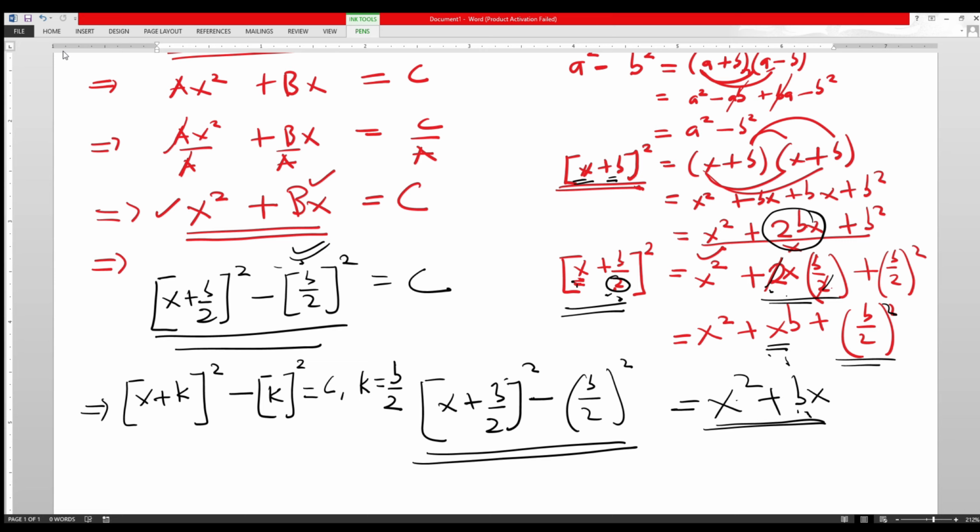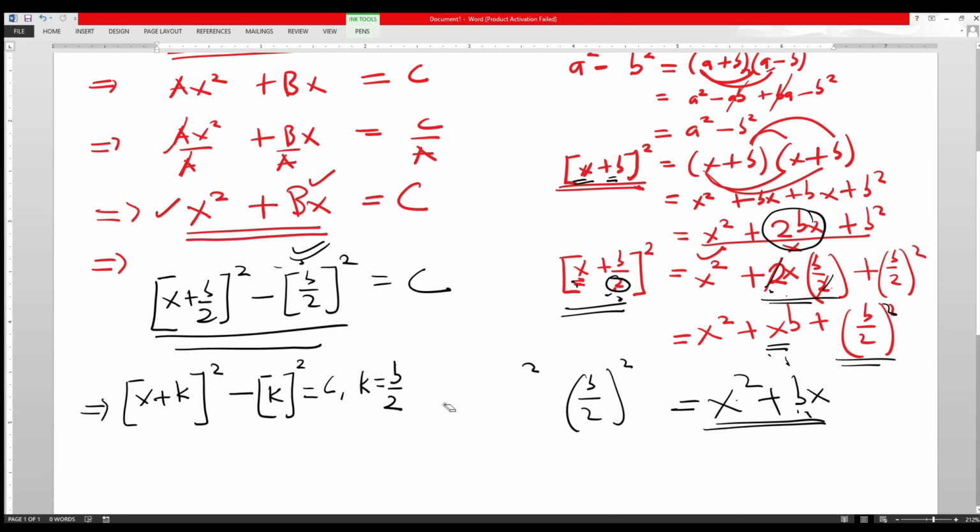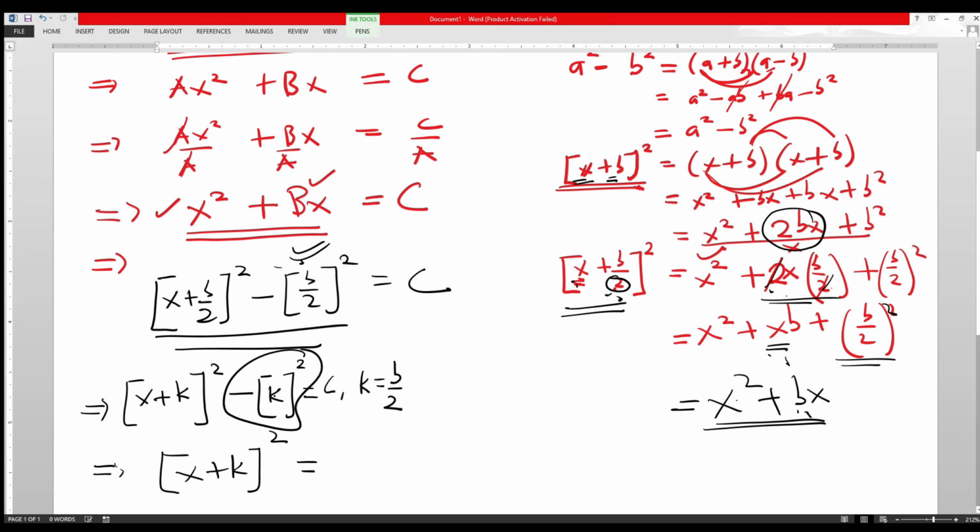All right, hold on, let me clean this. Okay, all right, so let's clean this up a little bit. So this is the same as x plus k all squared, this is minus k squared.